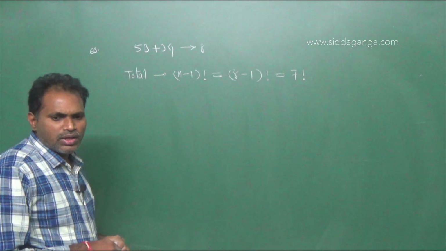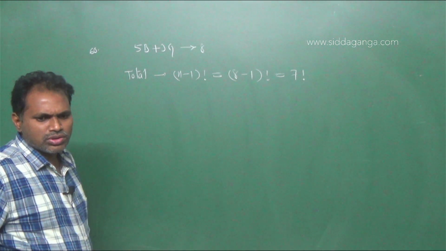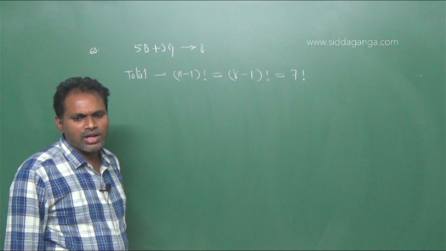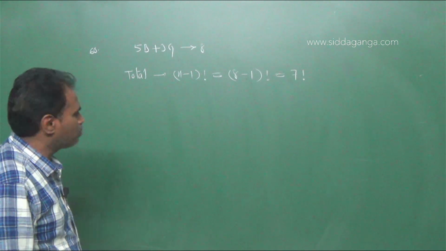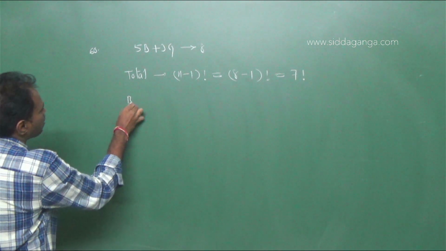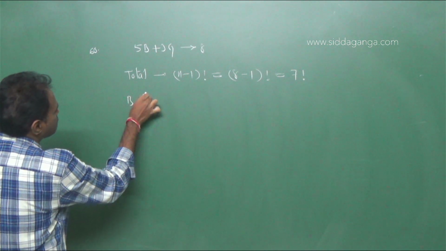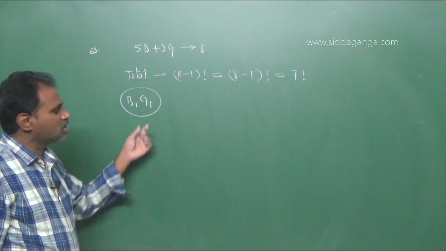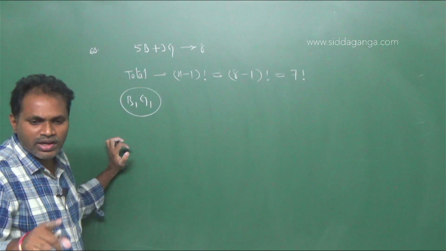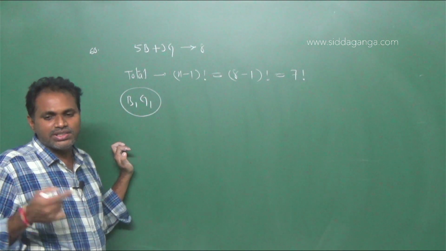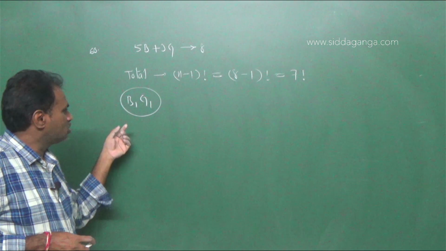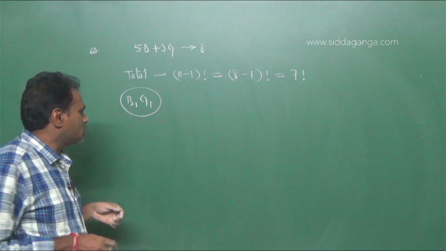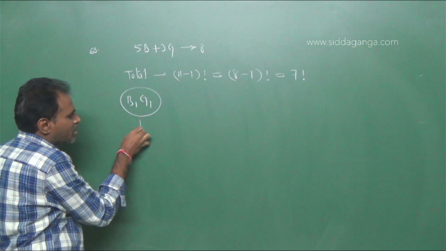Now, according to our question, a particular boy B1 and a particular girl G1 never sit adjacent. First I am finding the cases where the particular boy B1 and particular girl G1 sit together. Those two members I take as a bundle.